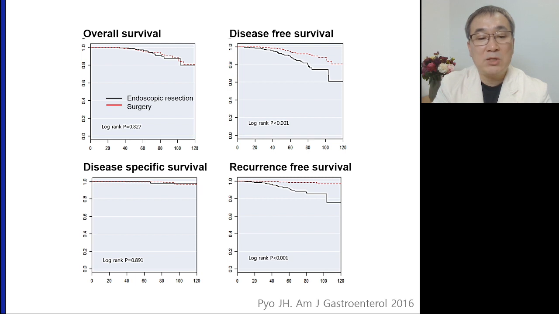The overall survival was almost the same in the two groups. Because of the metachronous recurrences, disease-free survival and recurrence-free survival is better in the surgery group. However, there was no difference in the disease-specific survival.